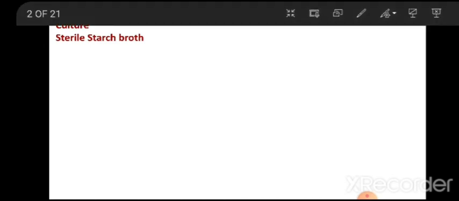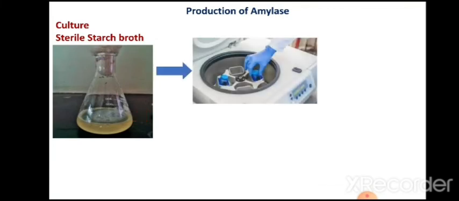Then we'll keep this inoculated broth on a shaker, or we can incubate it statically at a desirable temperature, say 30 degrees Celsius, for 24 to 48 hours. After incubation, we'll get the growth of that bacteria in this medium.